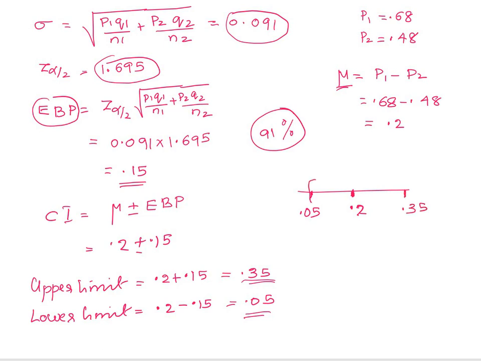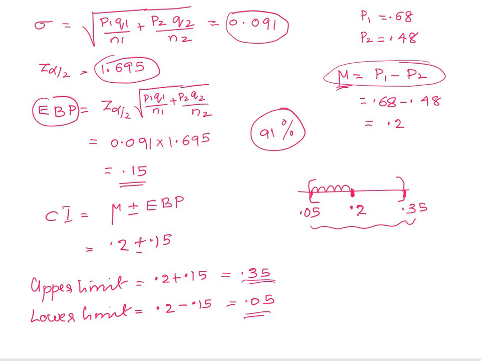So with 91% confidence, we can say that the difference of the means of the two experiments will lie between 0.05 and 0.35. That's the meaning.